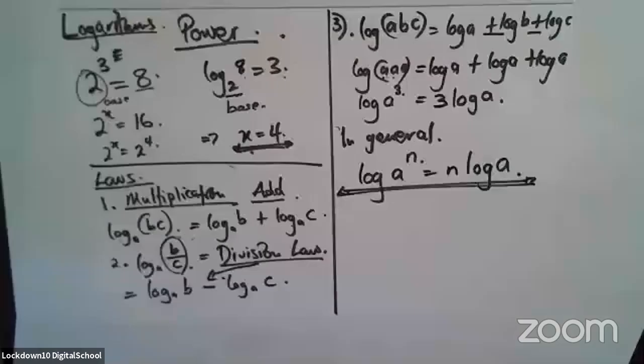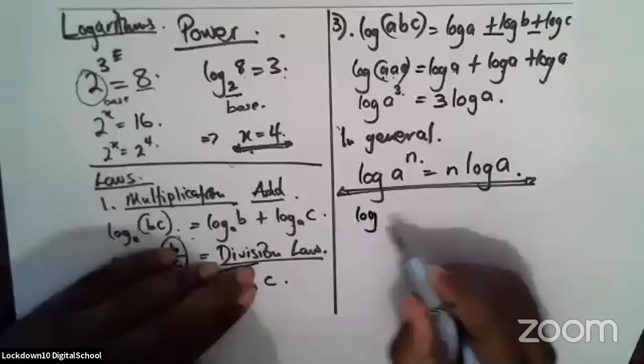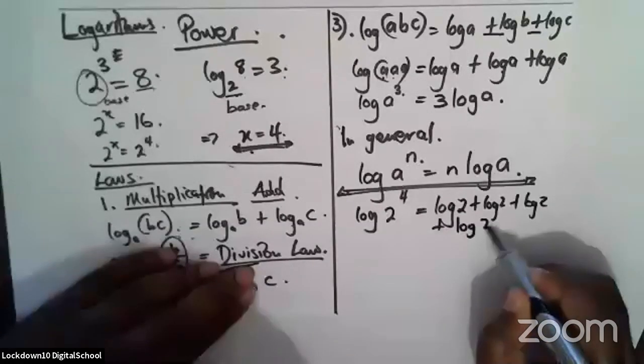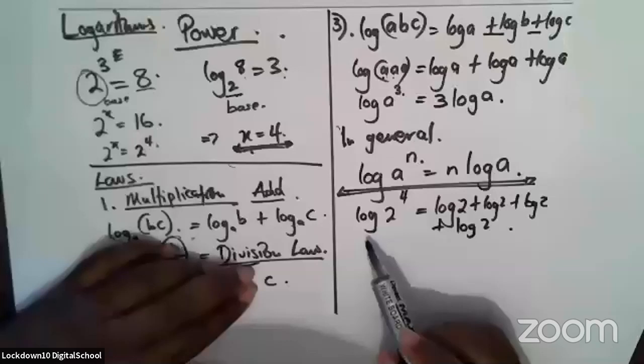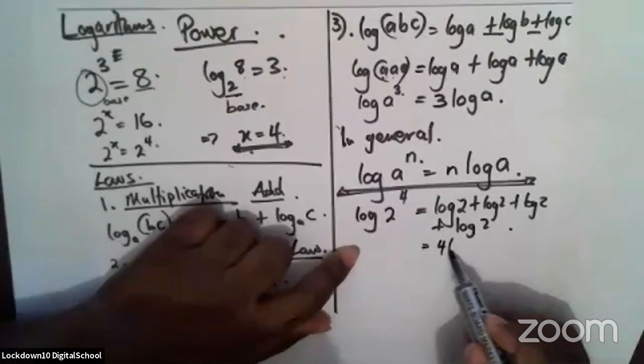So we have law number 1, the multiplication, and law number 2. This one is also derived from the law of multiplication in the sense that we have the same variable, but to a power. So it becomes n. An example, if I have log 2 to the power 4, it is equal to log 2 plus log 2 plus log 2 plus log 2, which will give me 4 log 2.